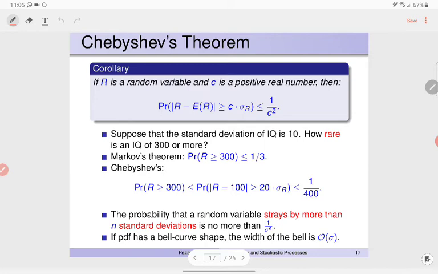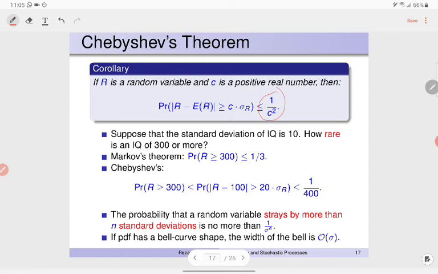If R is a random variable and c is a positive real number, then the probability that R minus the expectation of R is larger or equal to c multiplied by the standard deviation of R must be smaller or equal to 1 divided by c squared. Look at this. Previously we had 1 divided by c when dealing with Markov's theorem. Right now our bound is 1 divided by c squared, so this is a much tighter bound.